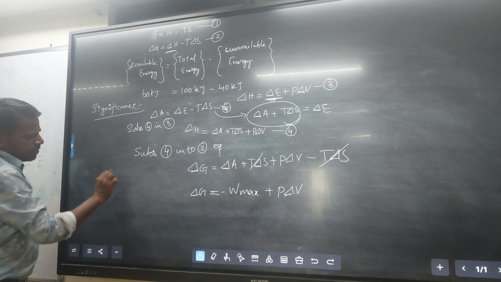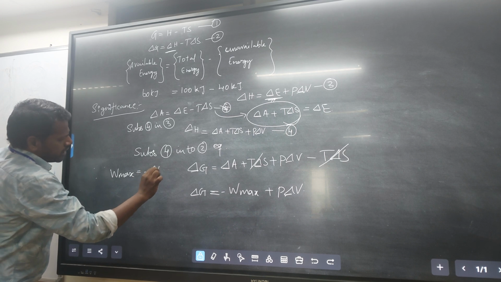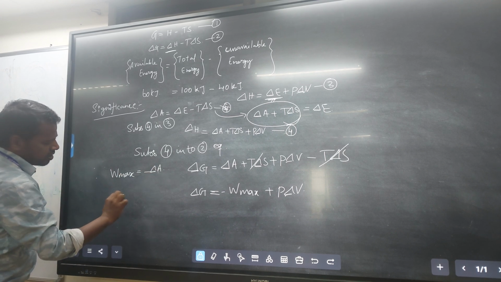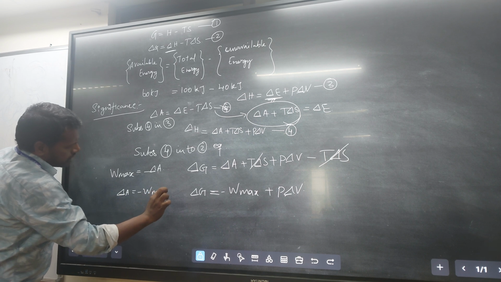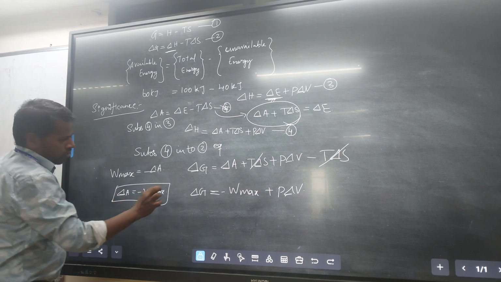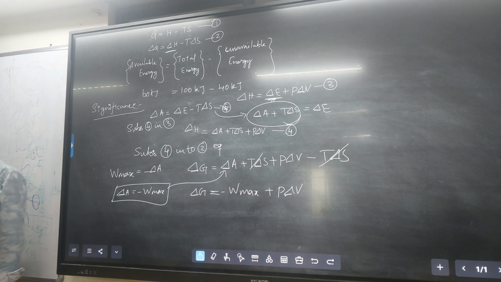We know already W max equal to minus delta A. If you rearrange, delta A equal to minus W max. You substitute here, you get delta G equal to minus W max plus P delta V.